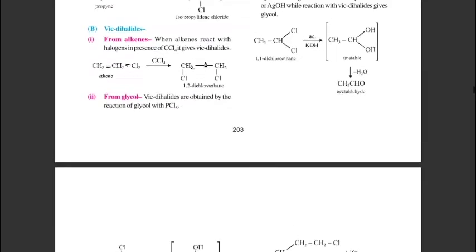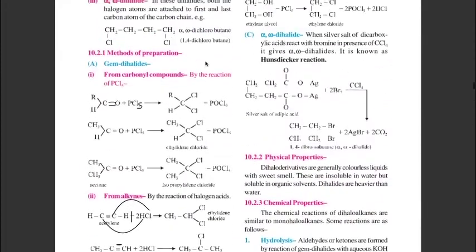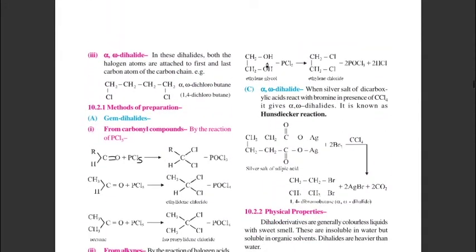Second is from glycol. When glycol is treated with phosphorus pentachloride, this is glycol, ethylene glycol. When it is treated with phosphorus pentachloride, PCl5, then POCl3 gets removed.